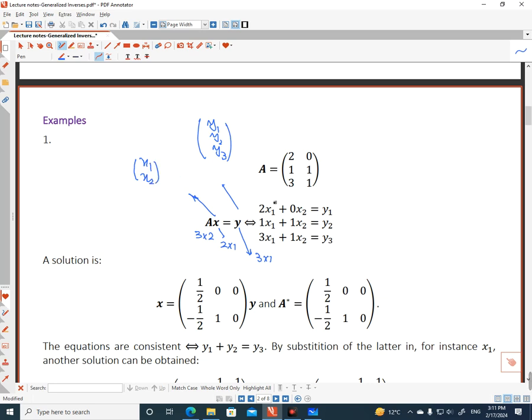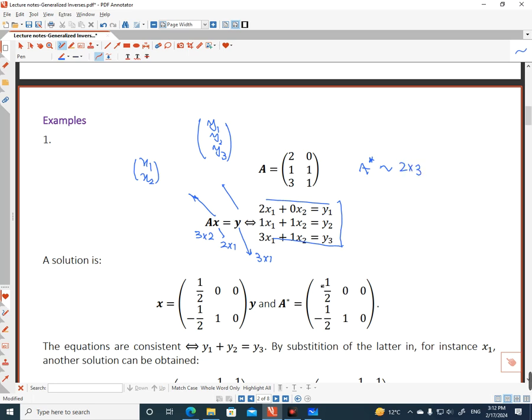If I multiply, I will get this set of equations, and a solution can be obtained by x equal to this matrix times y, and I can conclude that A star, the generalized inverse, is this matrix here. We must keep in mind, if A is of dimension 3 by 2, then I expect the generalized inverse to be of dimension 2 by 3.